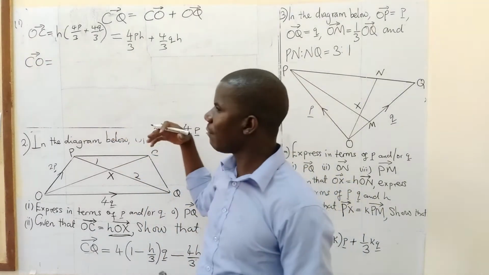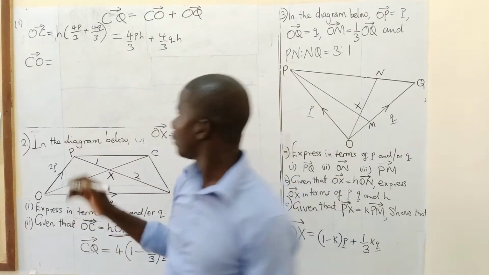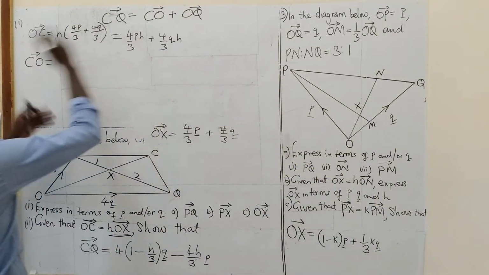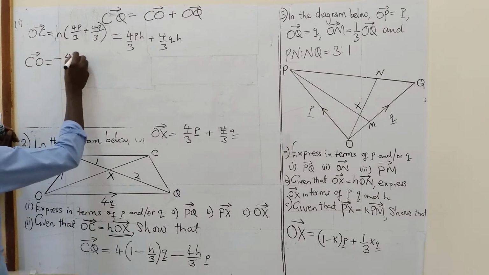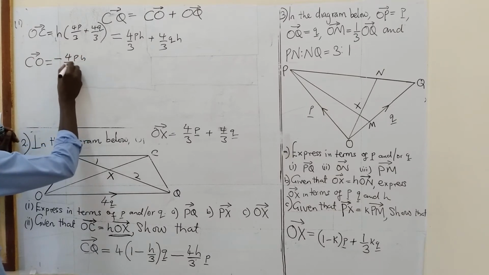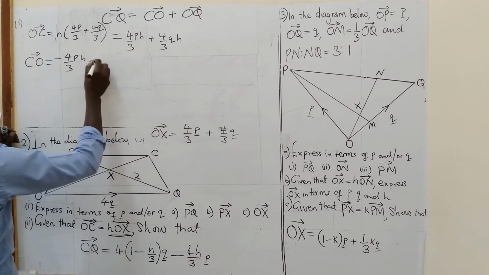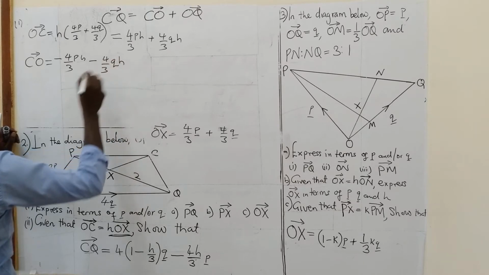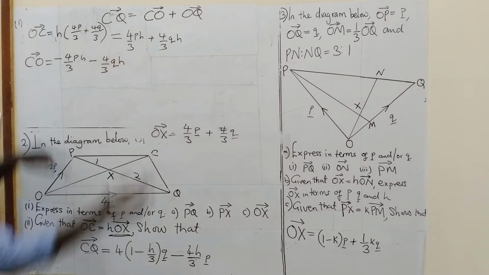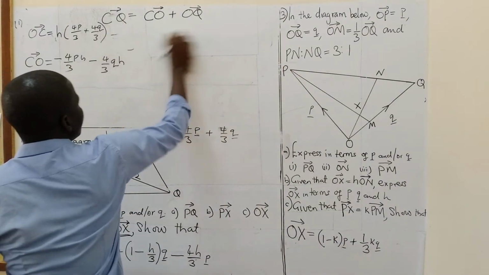So when we have CO, we need to have negatives now. It is the opposite. So CO is going to be minus 4ph over 3, and also minus 4 over 3 qh. This is our CO, which is the opposite.